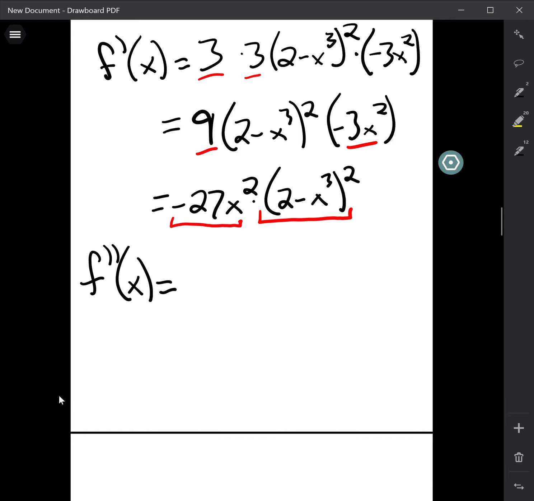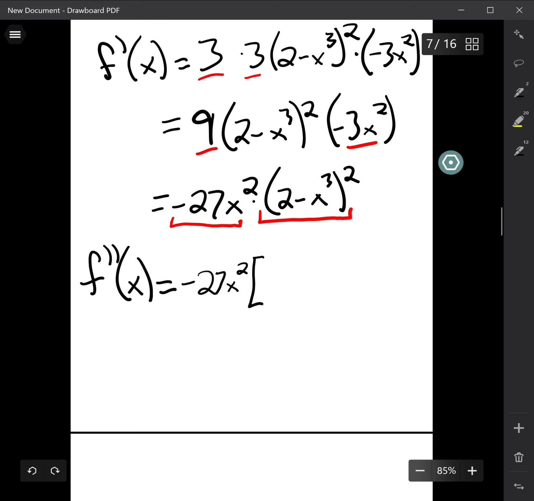So the product rule says, okay, let's do first, negative 27x squared, times d second. The derivative of the second one, that's something trapped by a power here. That's chain rule. So derivative of the outside is 2 times 2 minus x cubed to the first, times the derivative of the inside. Derivative of 2 is 0.